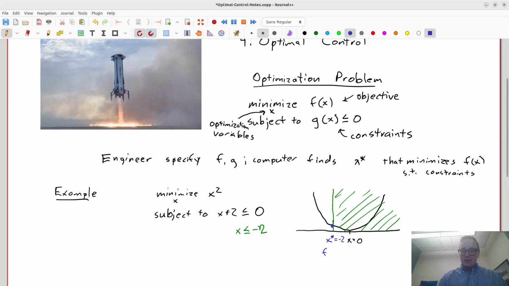And we have f of x star, which I'll denote by f star. This is the value at the optimal point. And that is equal to negative 2 squared, which is equal to 4. So that's just an example of an optimization problem. It's a really simple example.